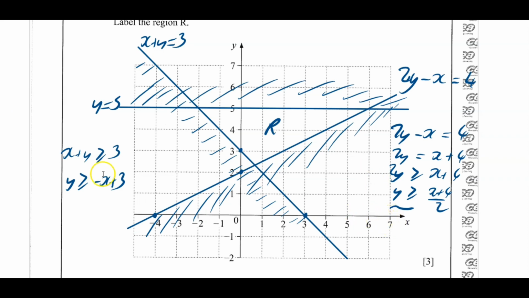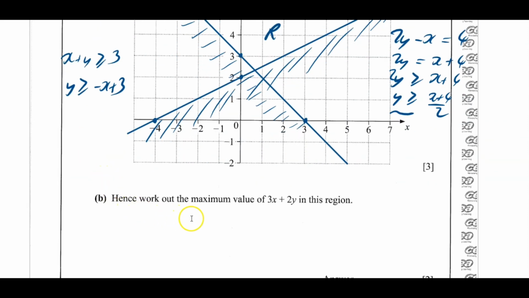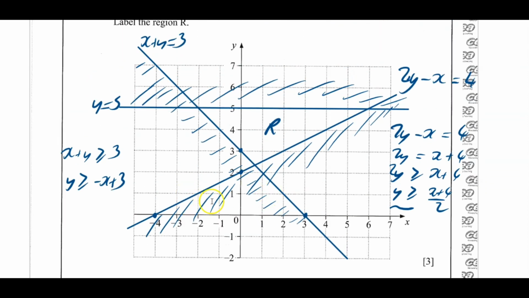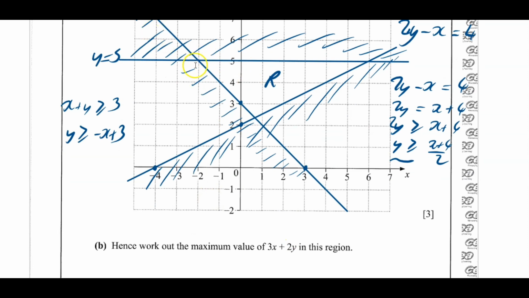Okay, the last part of this question says, hence work out the maximum value of 3x plus 2y in this region. It's going to be somewhere around the corners. So let's pick a few of the corner values. So there's a point there, there's a point here, and there's a point here, and we're going to try all of those. So let's look at the coordinates of them.